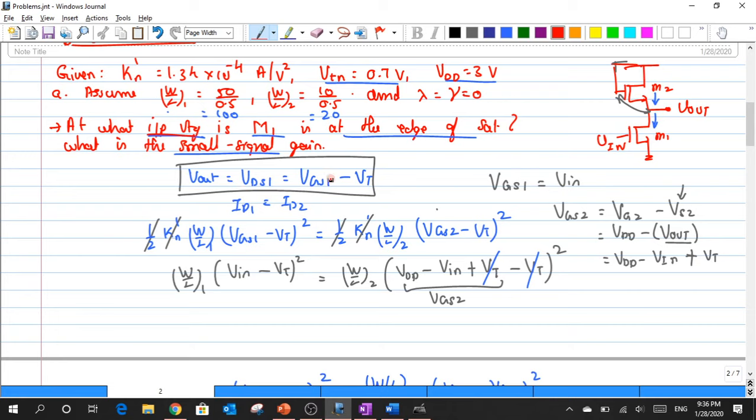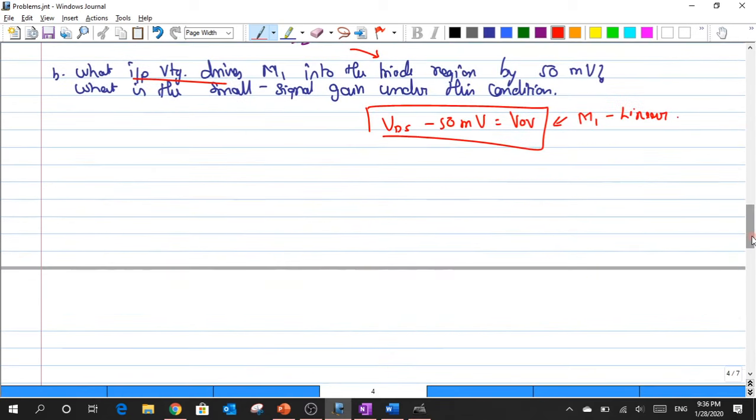Let me reframe this expression in a better way. Our V out is nothing but my VDS1 value, and currently this value is lowered from the VOV value, so I can move this minus 50 millivolt to the other side. I think I've made a mistake here, so we'll forget about this expression.